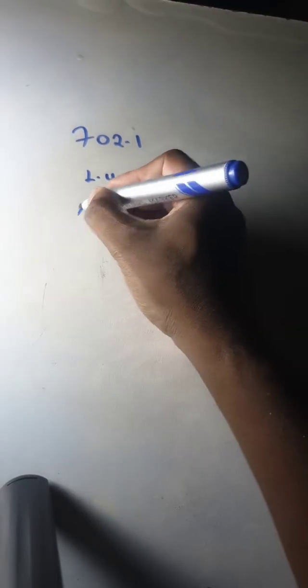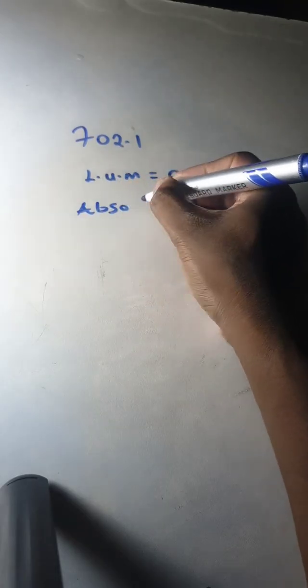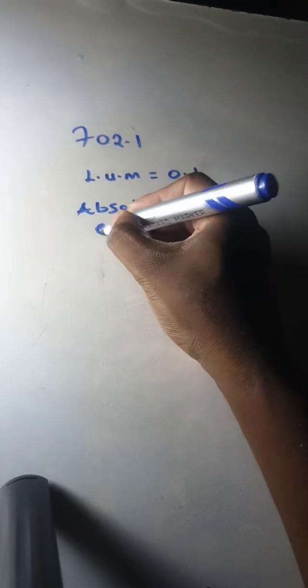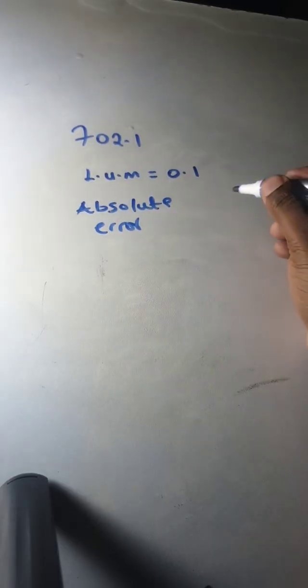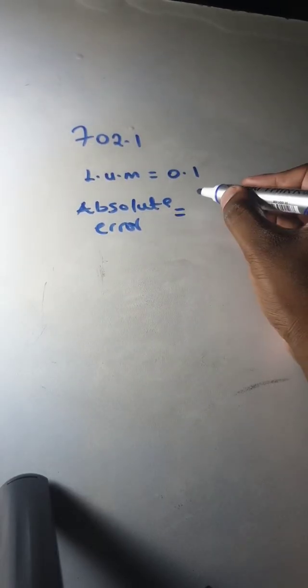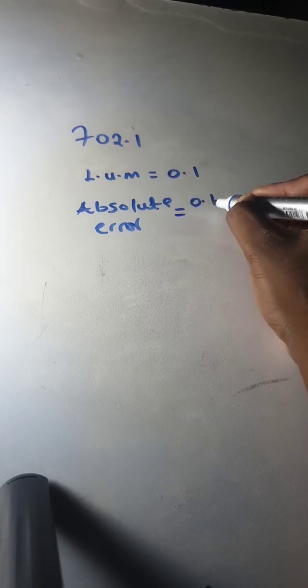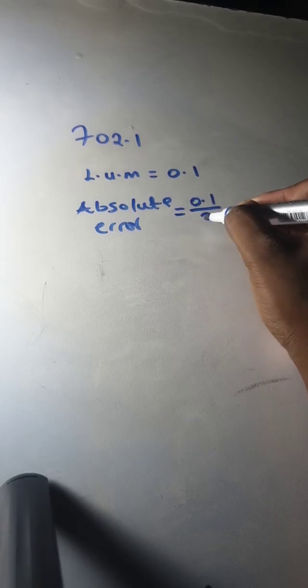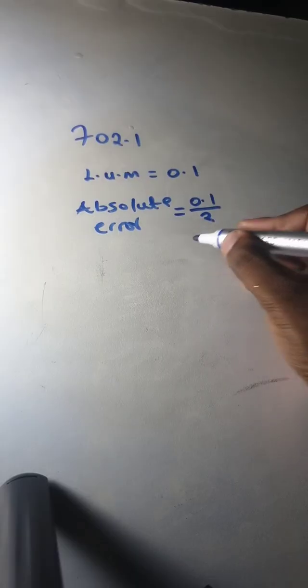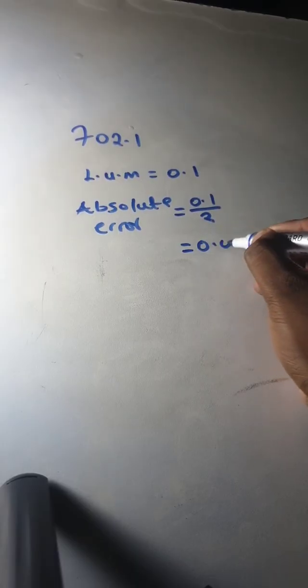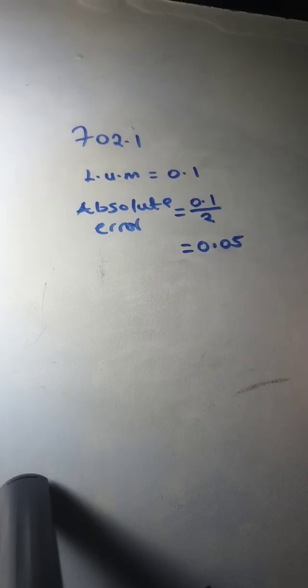So we need to find the absolute error. And what is the absolute error? We say least unit of measurement divided by 2. And if it's in 1 dp, it always gives 0.05 as our absolute error.